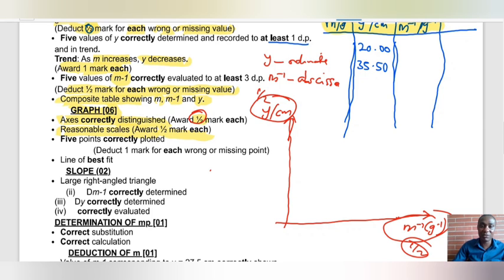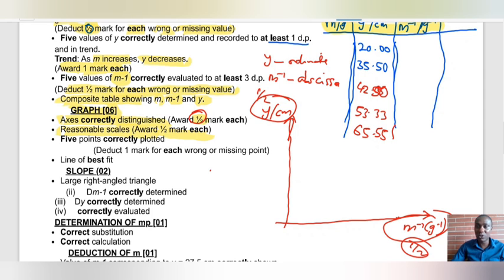For instance, if I have my Y values as, let's say, 20, 35, 42.05, let's say 0.50, let's say 53.33, just random values, 65.55. So some people make this mistake.